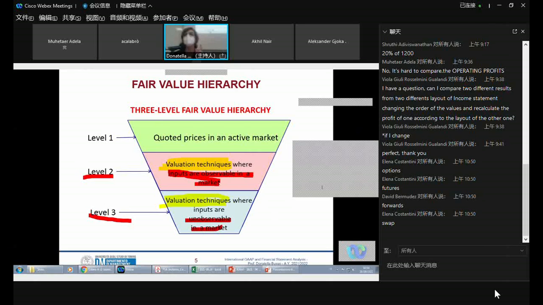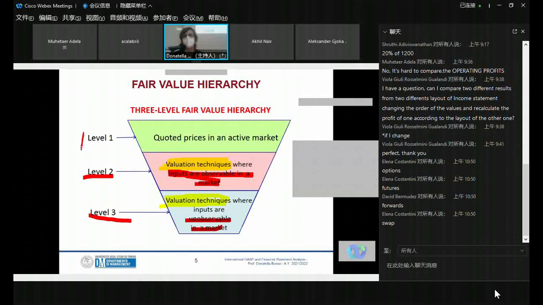Futures are listed. So if a company has a future, the determination of fair value is very easy because futures are listed, so level 1. Most of the derivatives are over the counter. That means that they are not traded.